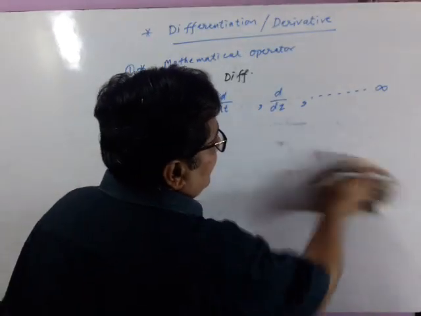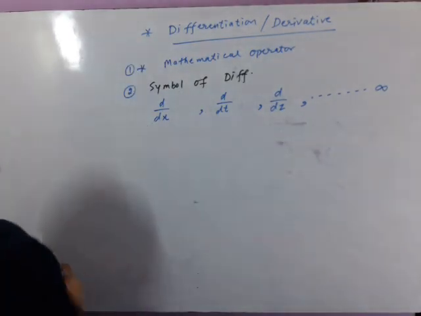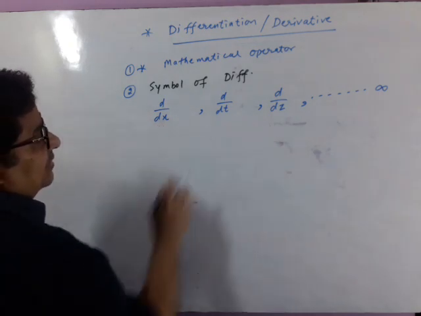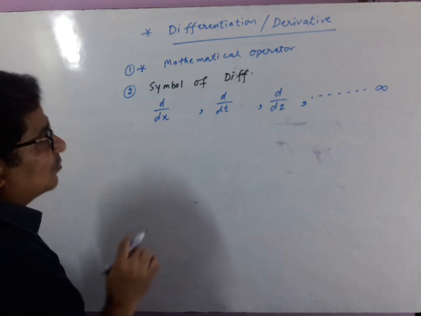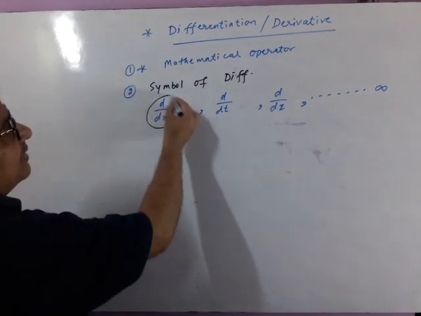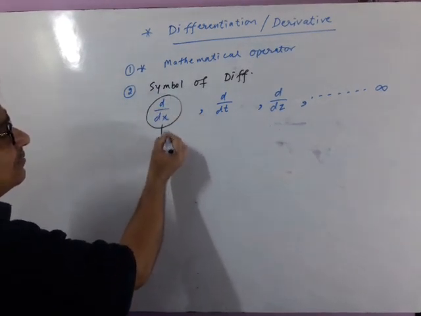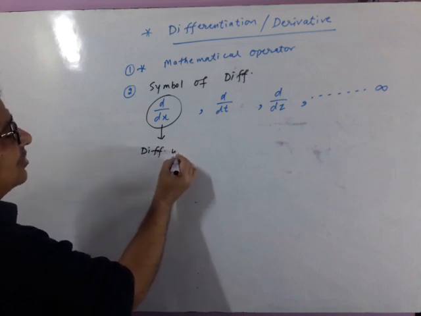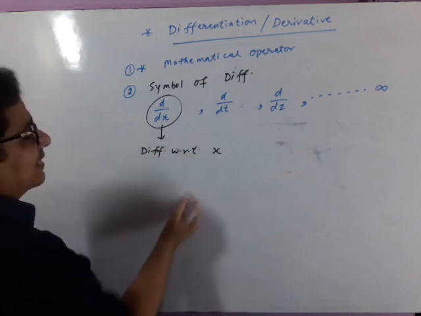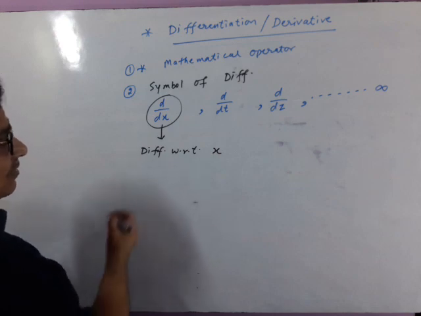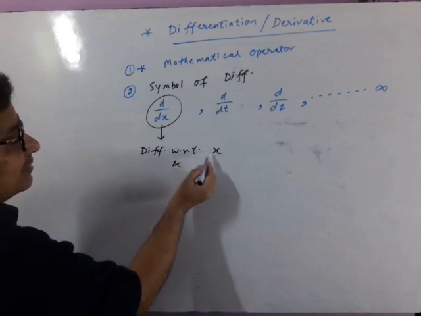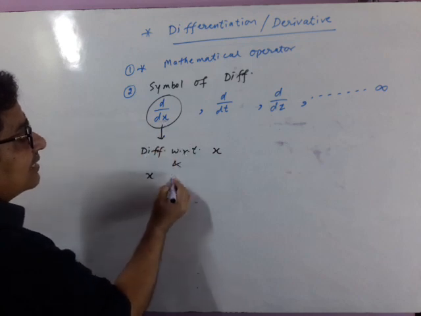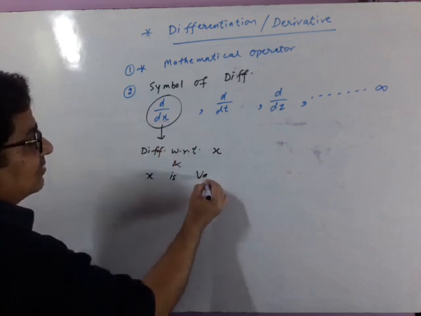Breathe in slowly and gradually. Each symbol is unique and used in a particular way. Focus on dy dx. This dy dx is called differentiation with respect to x, and this x which is written here is changing.